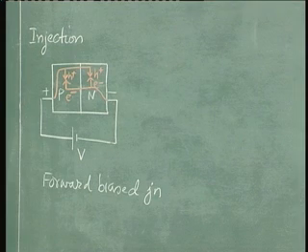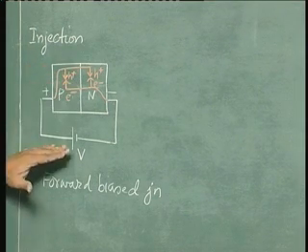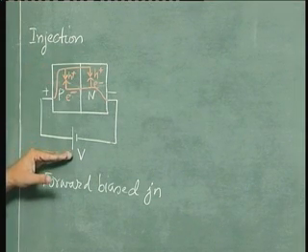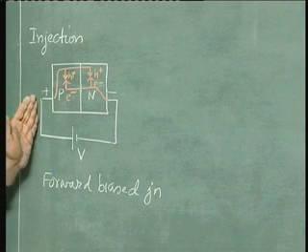So this is the picture. So you see how excess electrons and holes are being created by application of a voltage, or they are being injected from an external contact.